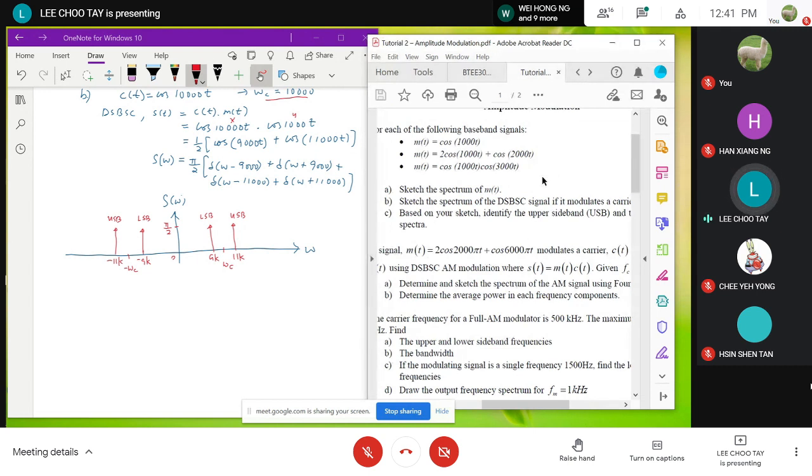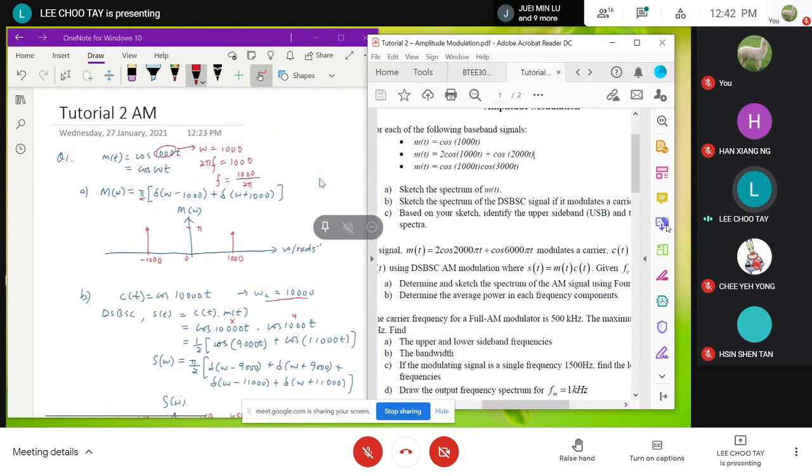I want you to do the same thing for your second baseband signal, this one here. Your second baseband signal now consists of 2 cosine signals, one with omega naught 1000, the other with a frequency of 2000. So you go through the same thing.